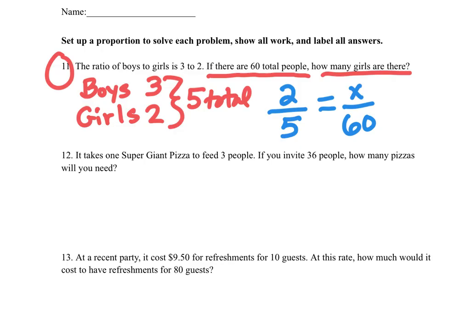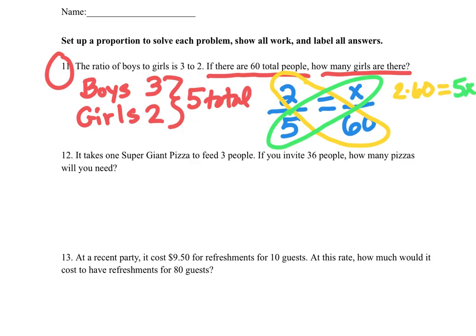So let's try to solve this. Using our butterfly method, we have 2 and 60 and 5 and x, so this will be a simple one. So we have 2 times 60 equals 5 times x and 2 times 60 is 120 equals 5x.